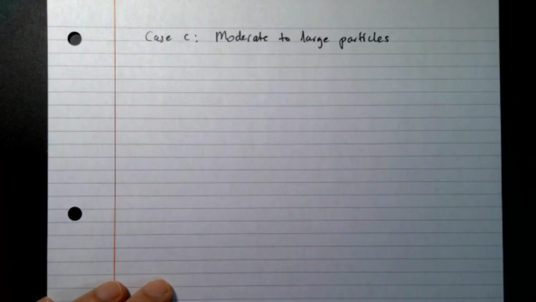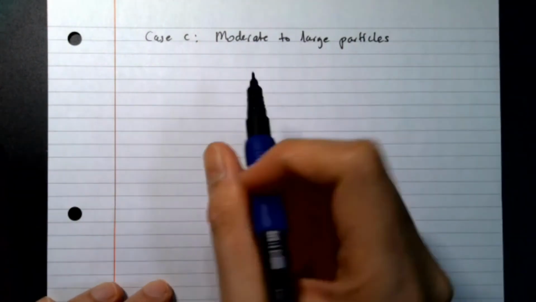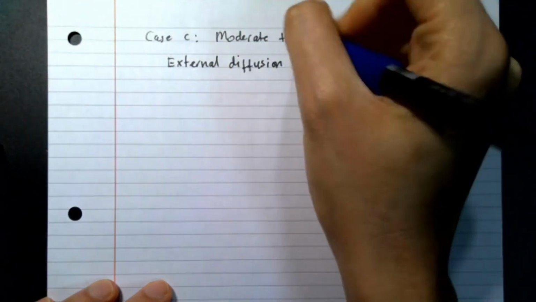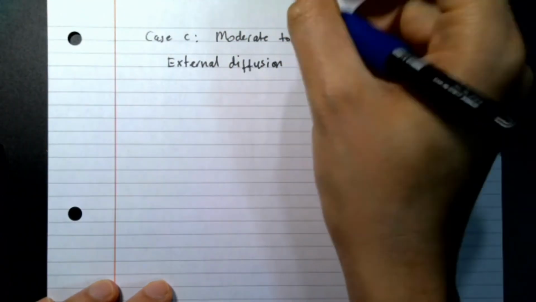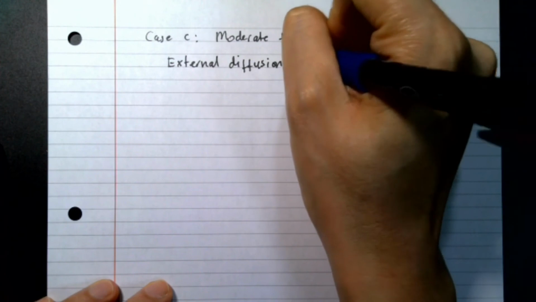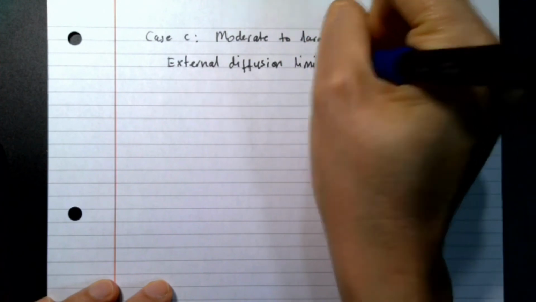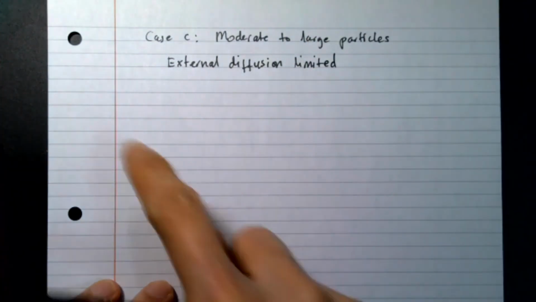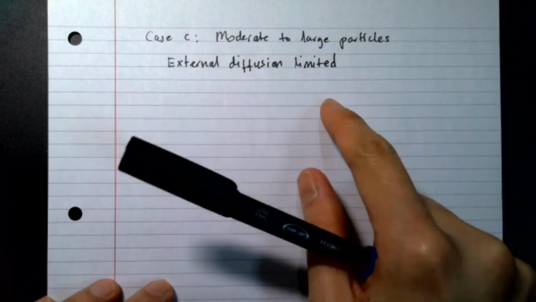Okay, and we know from topics 3 and 4 that for large particles, external diffusion could be limiting. So external diffusion could be the rate limiting step.